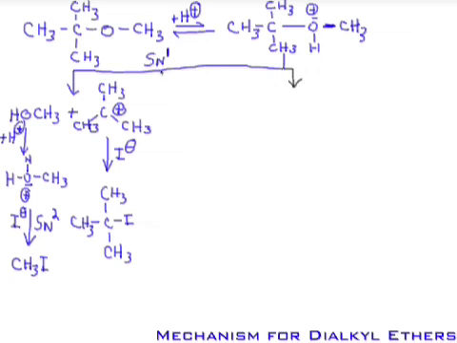What if we didn't start with SN1? What if SN2 occurred first? That is, I minus attacked. Well, if I minus attacked, you'd get methyl iodide, and you get tert-butyl alcohol.